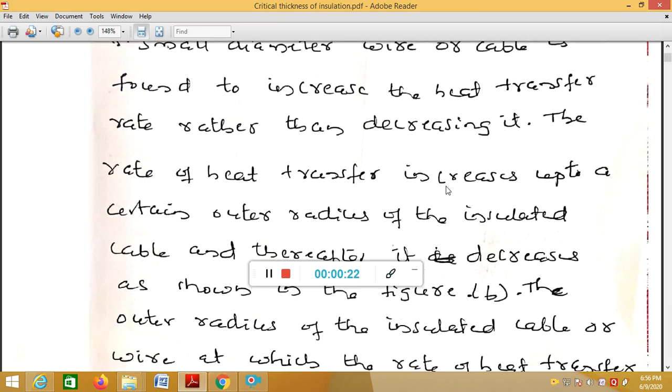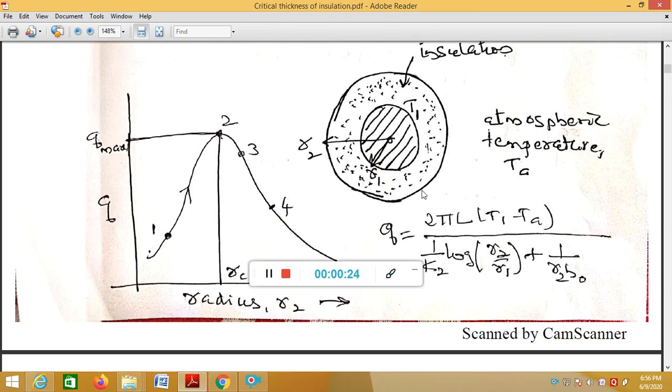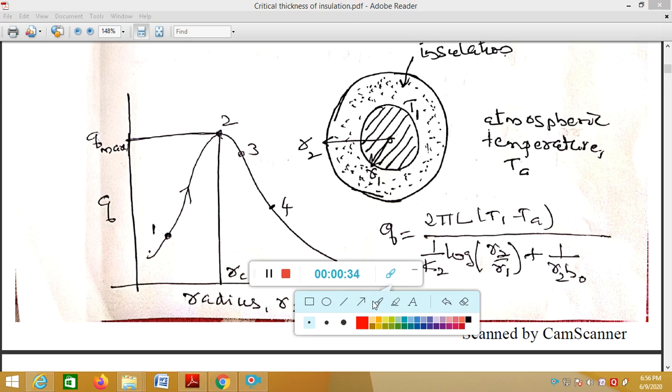But when you add an insulating material over a small diameter wire or cable, the rate of heat loss from the wire is found to increase.